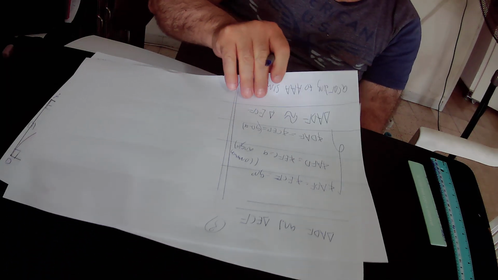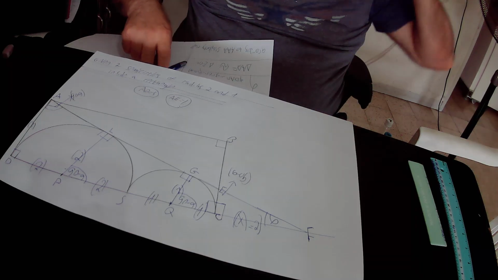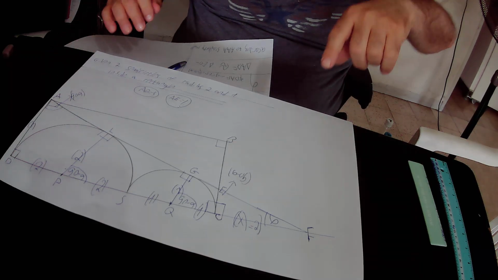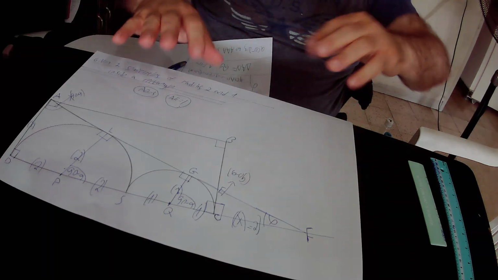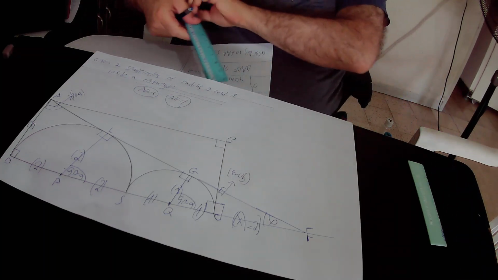And from the fact that the biggest right triangle ADF is similar to the smallest right triangle ECF, we derive that the following relationship exists between their sides.